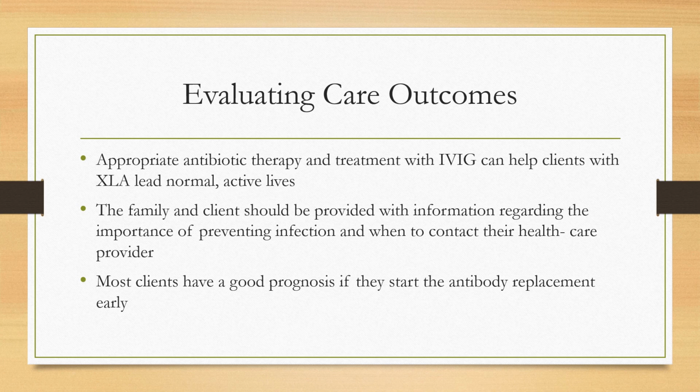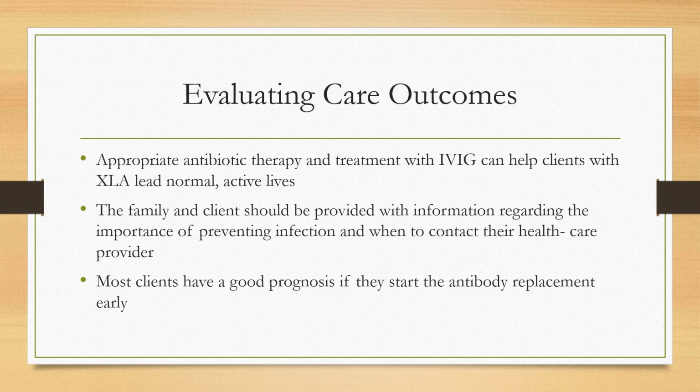So how do I know that I've done a good job in taking care of this client that has XLA? Well, appropriate antibiotic therapy and treatment with IVIG can help clients with XLA lead normal, active lives. And this is what they need to know, that they can lead normal, active lives.